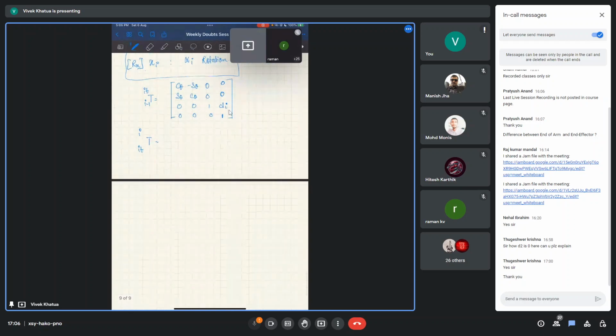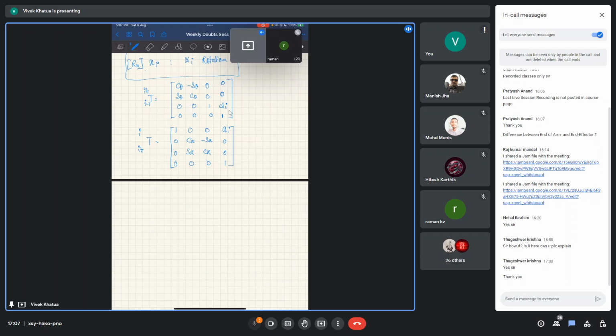Now here, I have traveled a distance of a i along x, as simple as that. Then I have also done a rotation about x, that is nothing but 1, 0, 0; 0, cos alpha, minus sin alpha; 0, sin alpha, cos alpha.